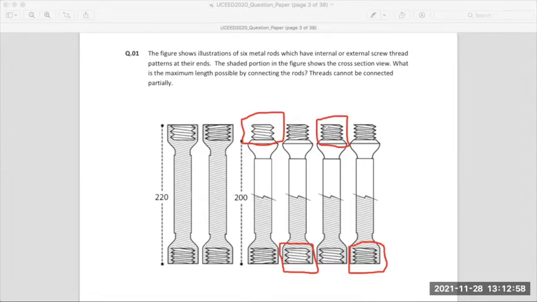One has 1, 2, 3, and the 4th one here. Another has 1, 2, and 3. Here also 1, 2, 3, and the 4th. And here also 1, 2, 3, 4. Here also the same pattern. The internal screw threads which come here might allow this kind of screw thread to fit, because they match. 3 are given and 3 are again given here. This kind of screw thread might allow this kind of pattern to fit in.